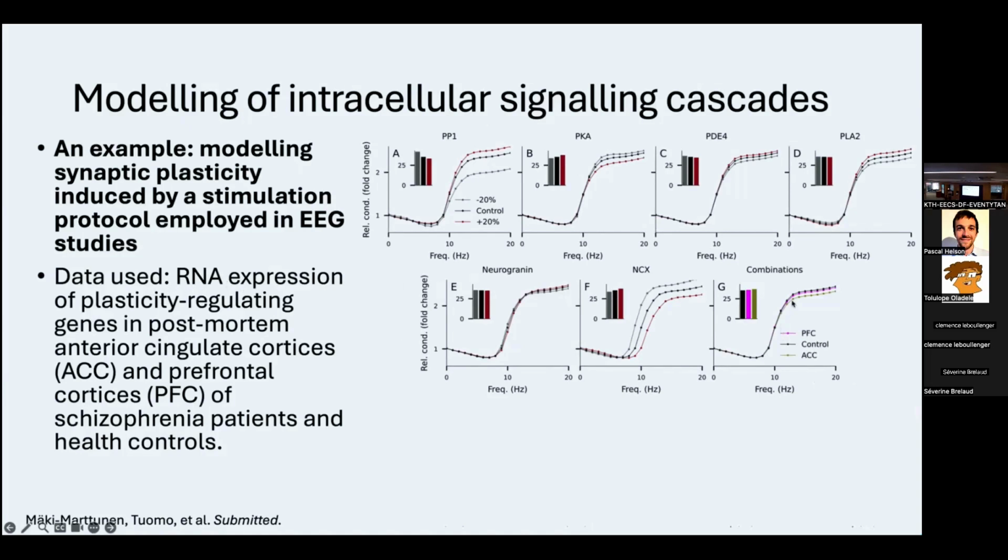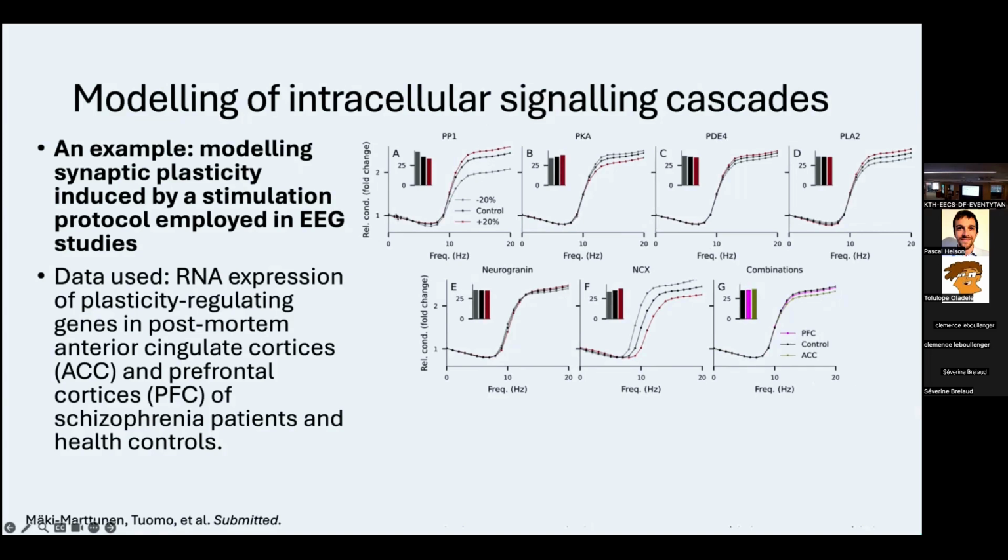And here we see that if we take the alteration from anterior cingulate cortex, we get a mild but still observable difference in the LTP outcome, while in PFC you can see that there's a difference, but it seems very small.